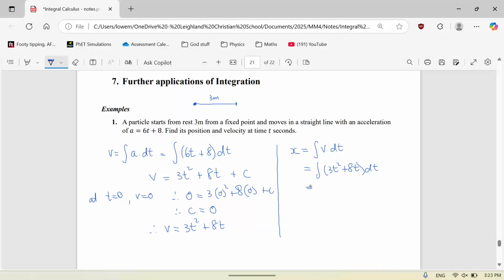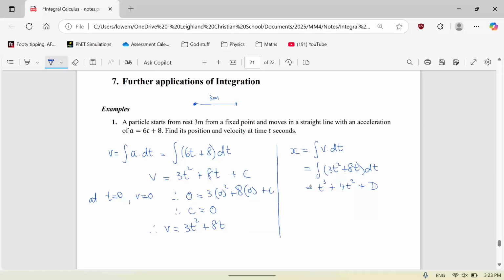So 3t cubed over 3 gives us t cubed, plus 8t squared over 2, which is 4t squared, plus, we'll call this constant d, seeing how we used c over here.